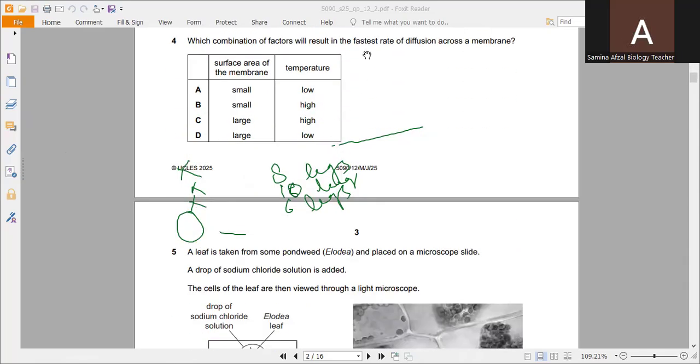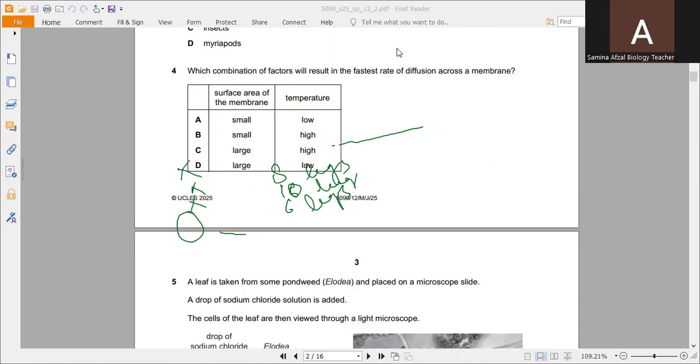Now move towards question number 4: which combination of factors will result in the fastest rate of diffusion across a membrane? Surface area of the membrane. You know the process of diffusion is the movement of particles from an area of higher concentration towards a lower concentration.